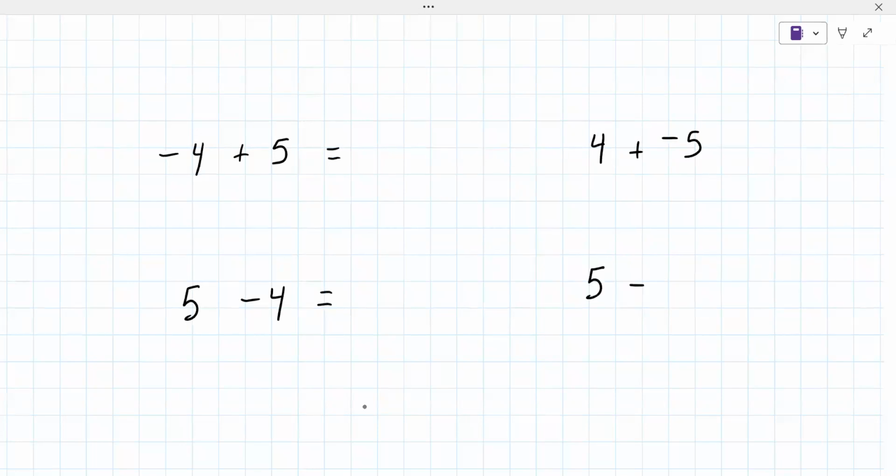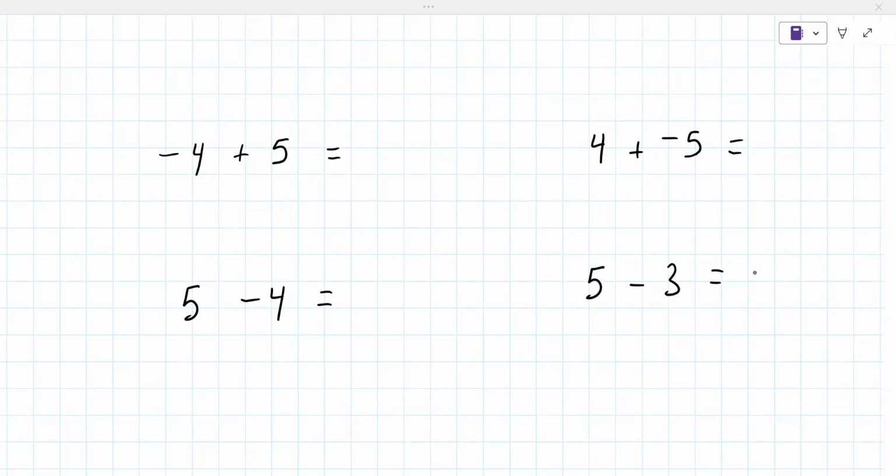Let's do a couple of questions here. All right. So here we go. Give these a try, please. 5 minus 3 would be 2.